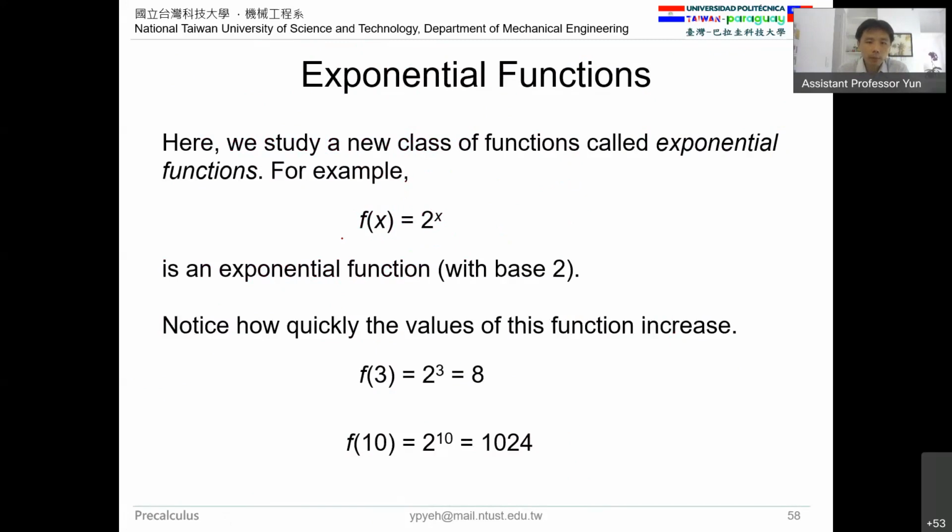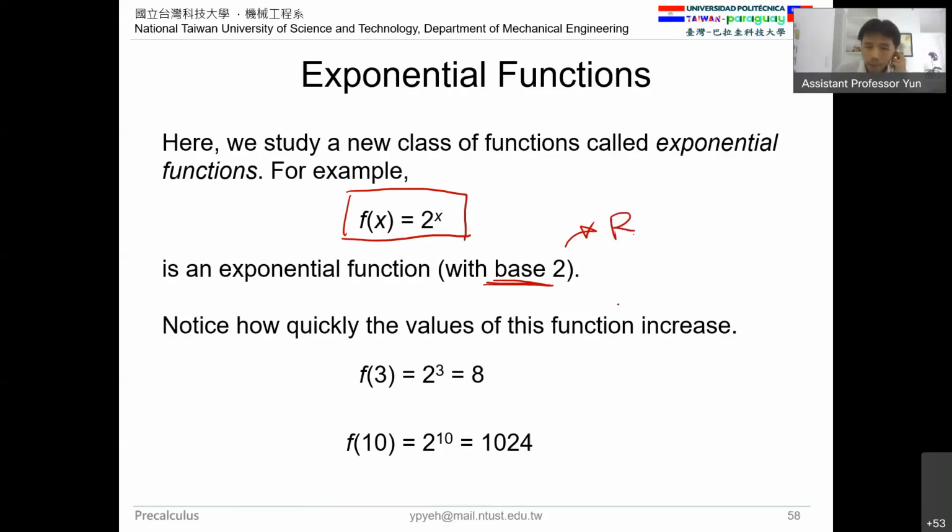So this just gives some basic examples of 2 to the power of x here, where the 2 is the base of this exponential function, and the base could be any number, any real number could be the base.